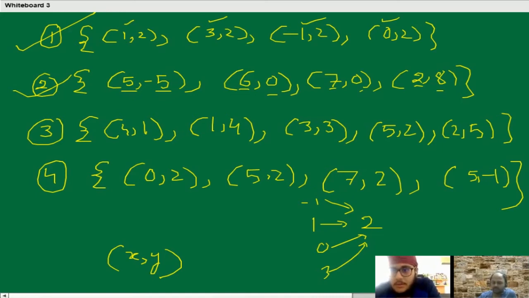So the same thing as here, all different x values: 4 goes to 1, 1 goes to 4, 3 goes to 3, 5 goes to 2, 2 goes to 5. It means the same x value can't have more than one y value. Right? So it is also a function. Yes, sir.